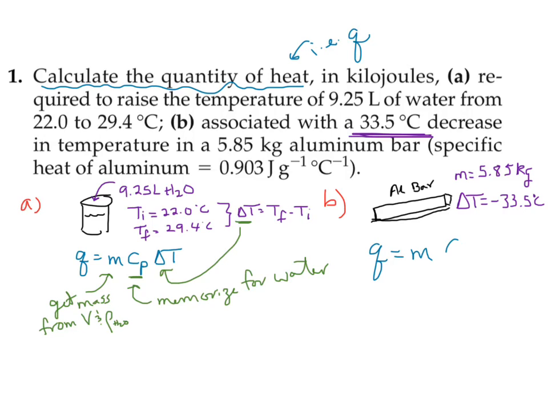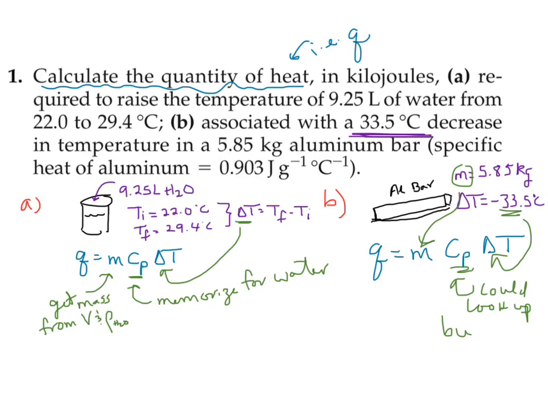So when we plug in the temperature, we put in negative 33.5? This one is where you're given the delta T, the delta T like I have up there. Yeah, I just want to make sure I tell you right. The delta T like I have up here is negative 33.5. And it would be because it's final minus initial and the final is less. Yeah, the word decrease threw me off, so I didn't know if you had to do something. Okay, I get it, I think.